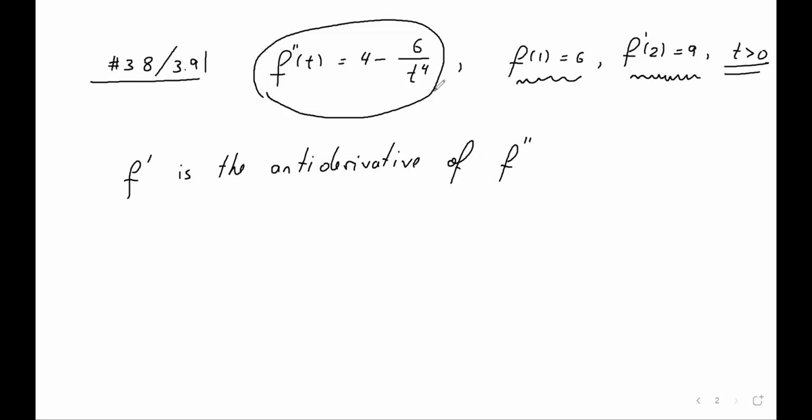Because f prime prime is 4 minus 6 over t to the 4, f prime is equal to 4t, remember? So we do the antiderivative of 4, which is 4t.